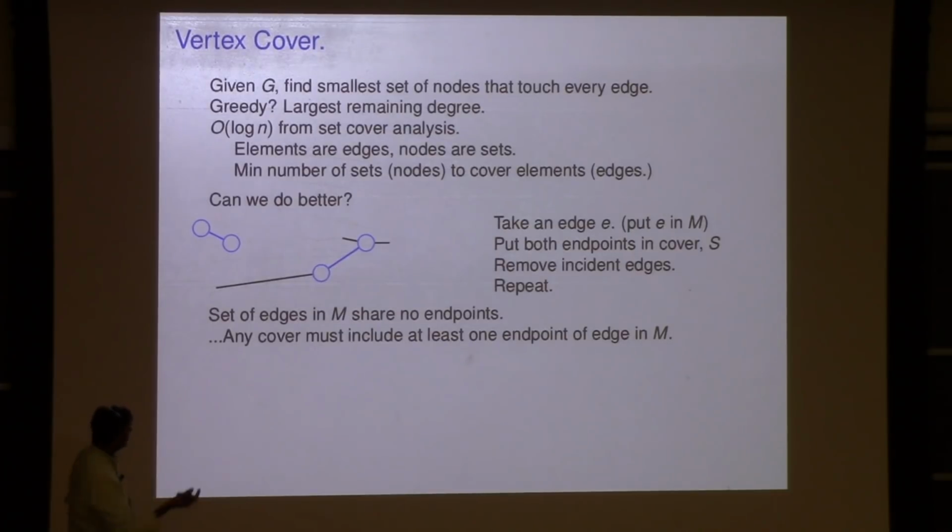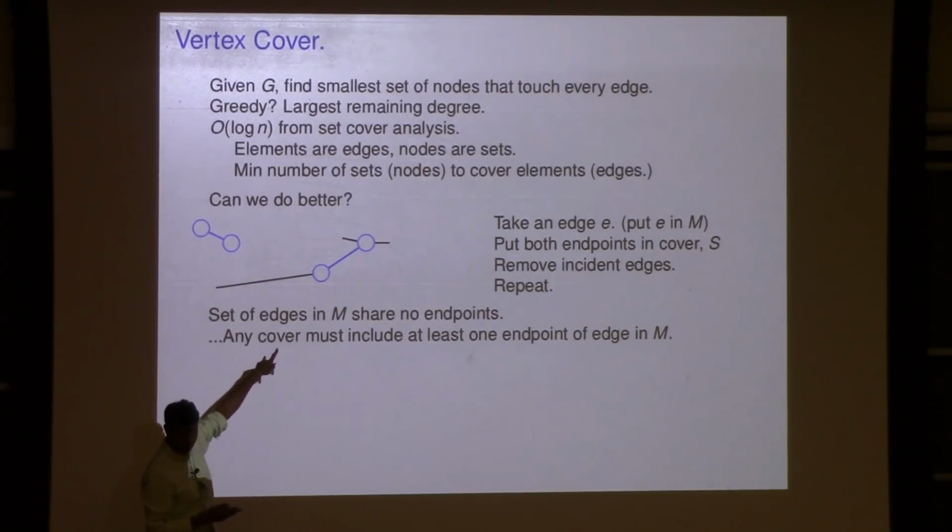Maybe I was being weird to put both endpoints in, but for this left blue edge, at least one of these endpoints has to be in any vertex cover. And that's true for this one too.